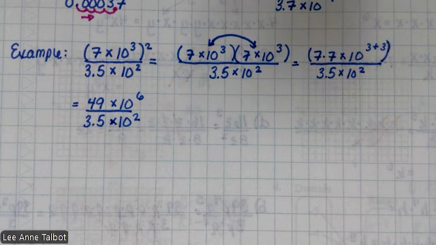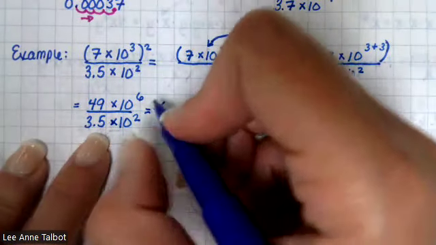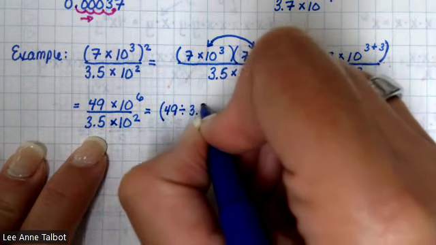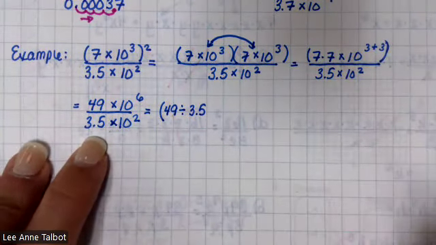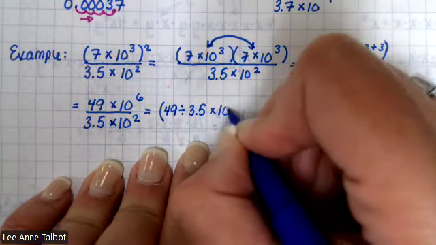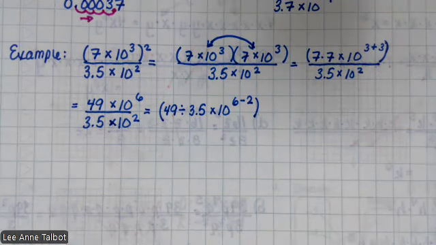Okay, and now I have a division problem. I'm going to divide the numbers in front. And subtract the exponents.